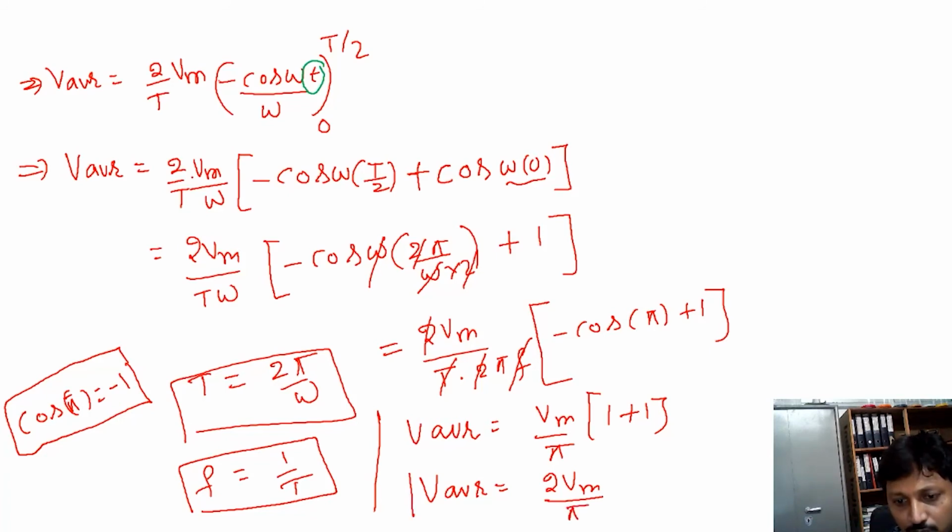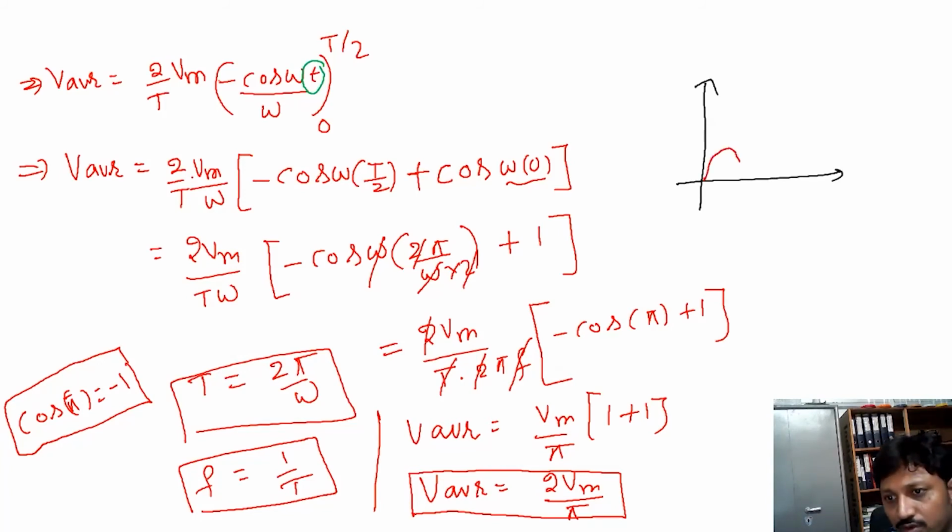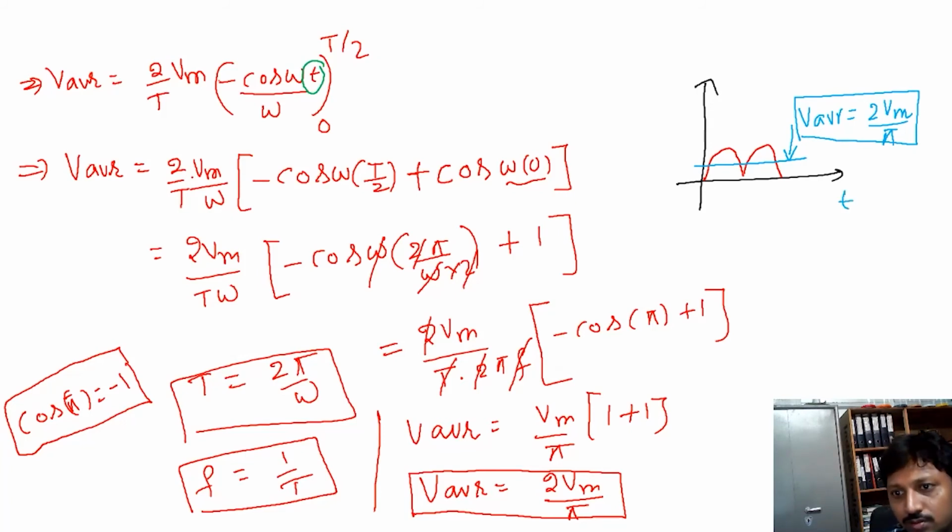You just see that our output is this one. So you have found the average value of the sinusoidal full wave rectifier output. V average is equal to 2 Vm by pi. This is the important equation you should remember.